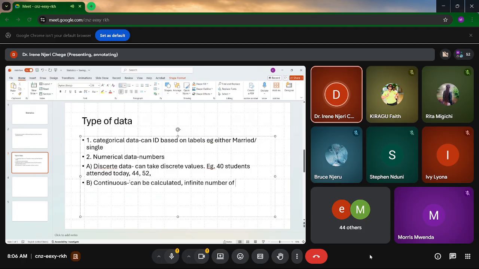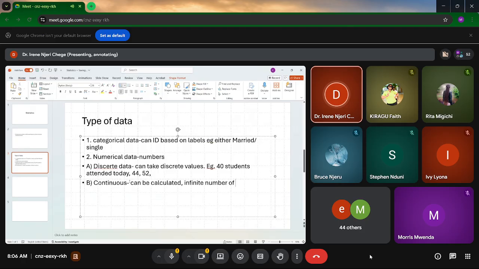And we said these ones contain infinite values. Discrete values contain an infinite number of possible values. But here in continuous data it is an infinite number of probable values.